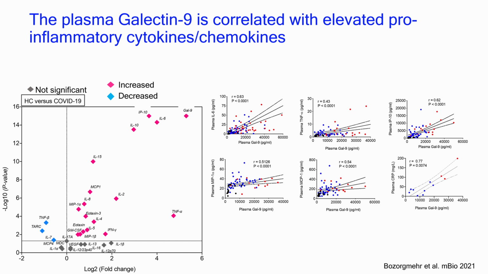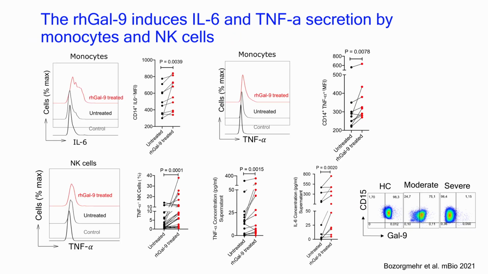But what was more interesting is that there was a positive correlation between lots of cytokines and chemokines with galectin-9. We found that galectin-9 activates a lot of cells like NK cells and monocytes, and they secrete IL-6 and TNF-alpha, which are inflammatory cytokines.